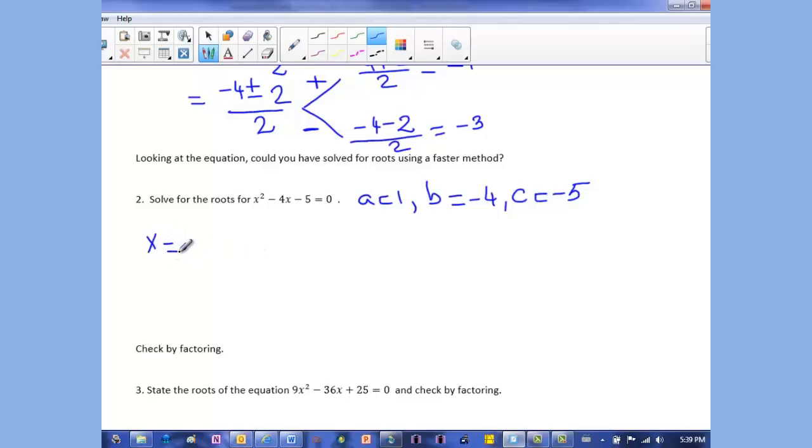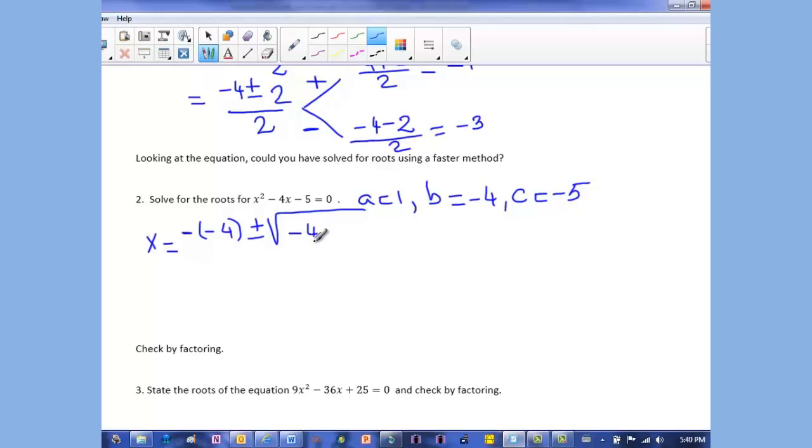I have negative b, or negative 4, plus or minus the square root of, and for this particular case I would like to write it in detail, because a lot of you, I notice, make the assumption that when you're squaring a negative number you don't need to use brackets.